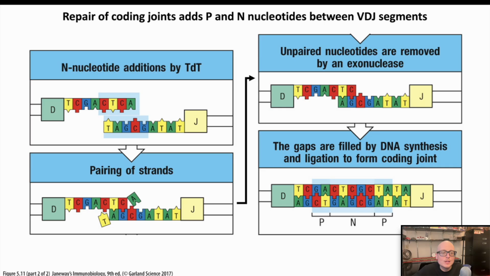So in this example, we started with TCA and TAG, but this TC sequence and this AG sequence are complementary. And so the DNA will now anneal at those 2 positions. But notice we have a couple of problems. One is that this A is now not complementary to this C, nor is this T complementary to this C. So we need to get rid of these mismatches.